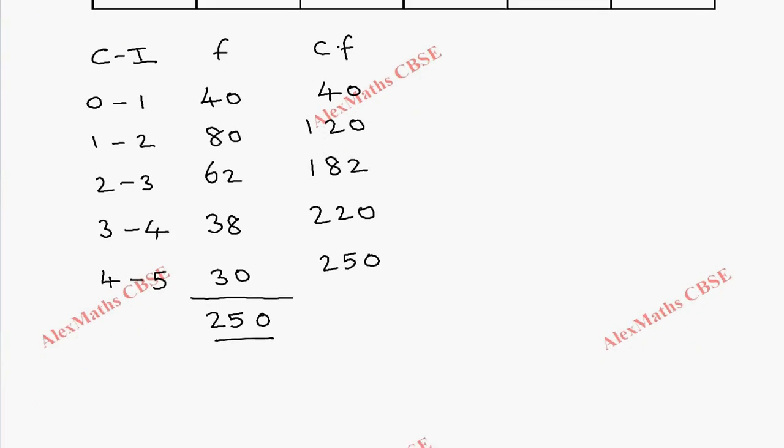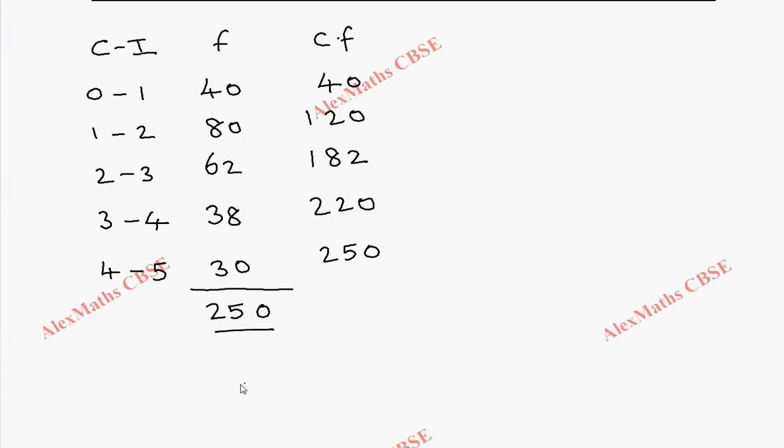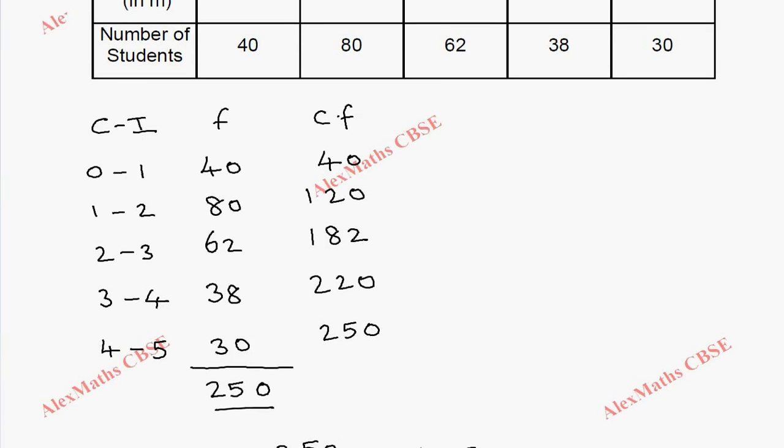Now for finding the median, we have to calculate the value of n by 2. N is the total frequency, 250 divided by 2. This gives 125. And we have to find where this 125 lies in the cumulative frequency. So it lies here.